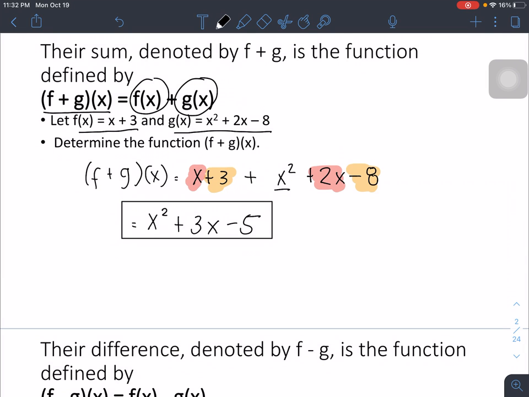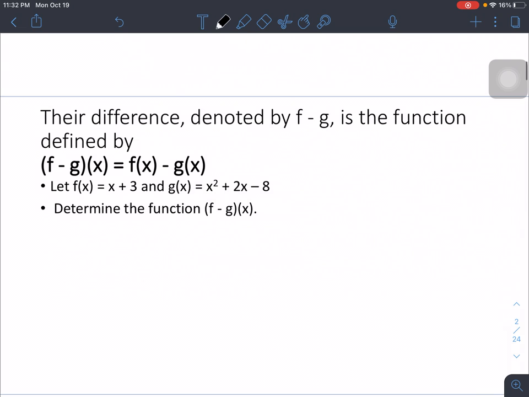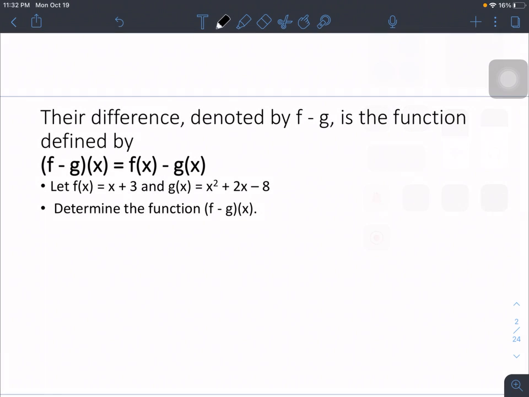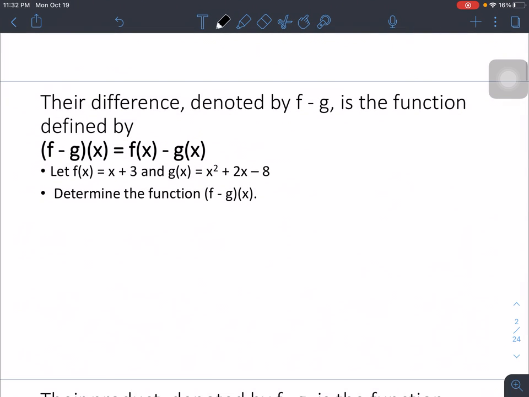Next one, the difference, the subtraction operation, denoted by f minus g, is the function defined as f minus g of x is equal to f of x function minus the g of x function.